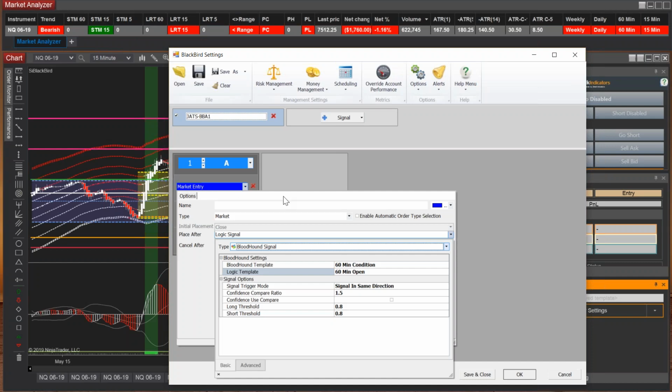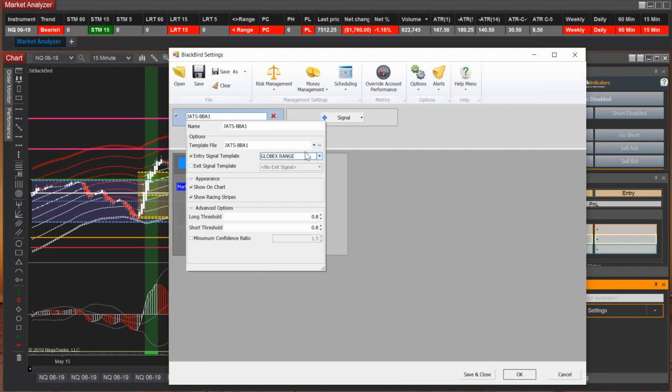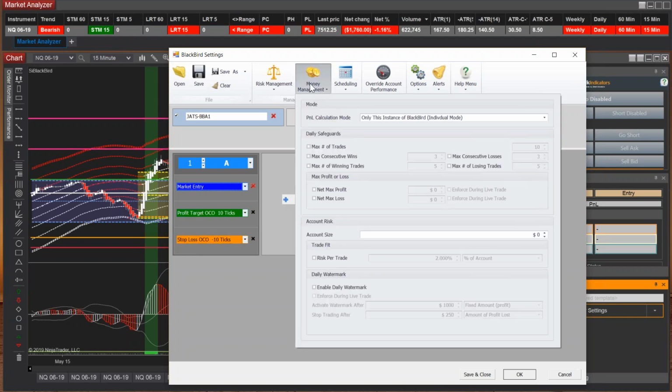But maybe you want to trade trend conditions only instead of breakouts with that 60-minute condition on it. So you could put the bar on trend, and that would have nothing to do with the opening range indicator. It would just be, get me in the market when a trend is present. Put your minimum risk and stop loss on here, set it up with the trailing stop. But here's your magic.